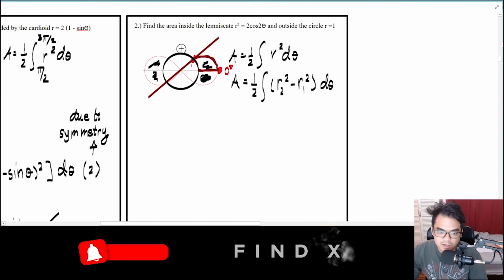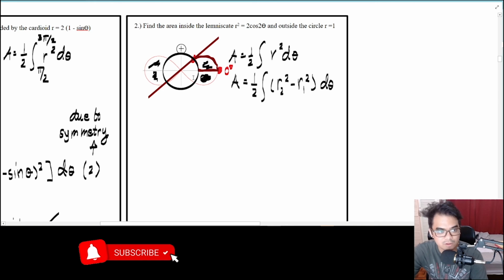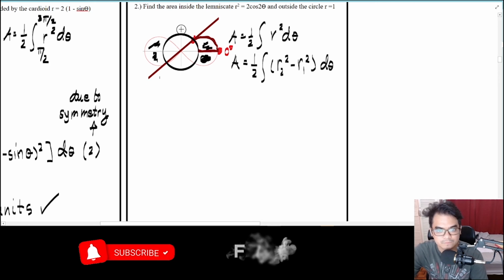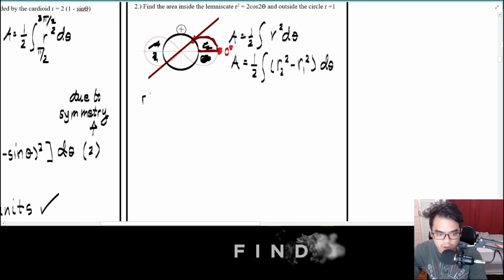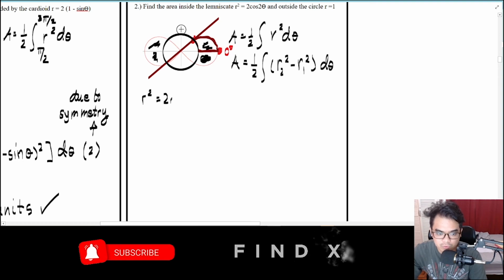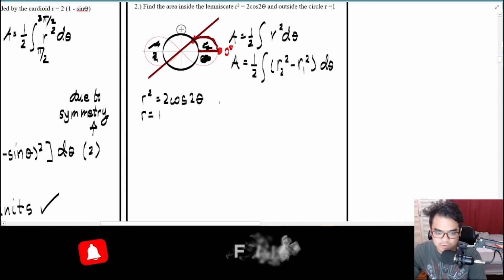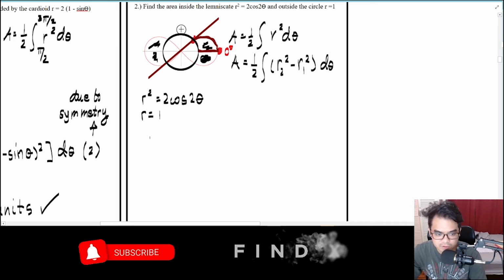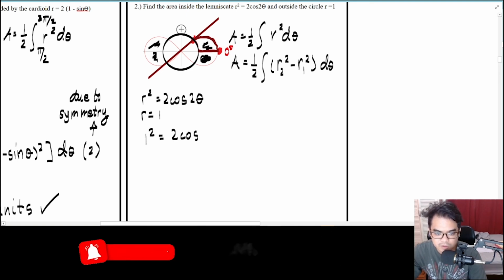To get the intersection, all you have to do is equate the two equations. We have r squared equal to 2 cosine 2 theta, and r equal to 1. Using the first equation, you'll have 1 squared equal to 2 cosine 2 theta.